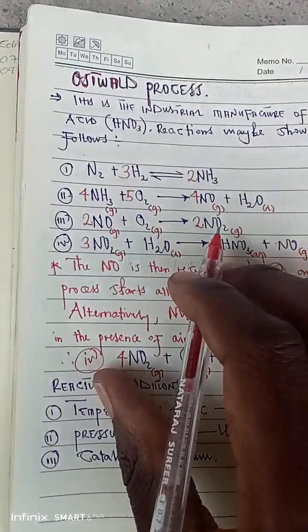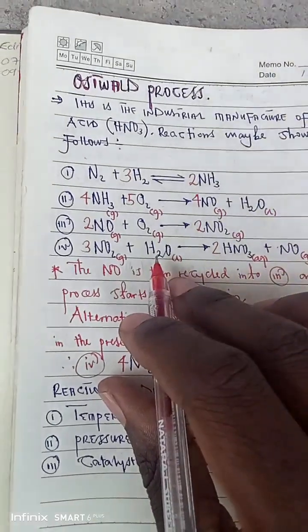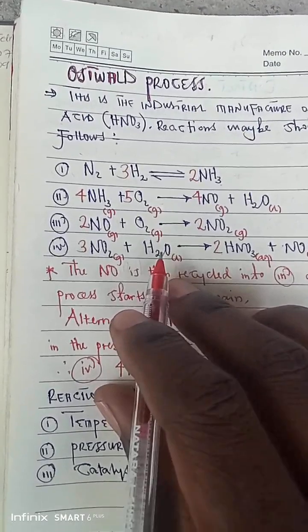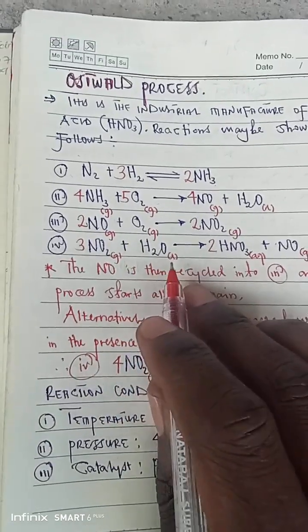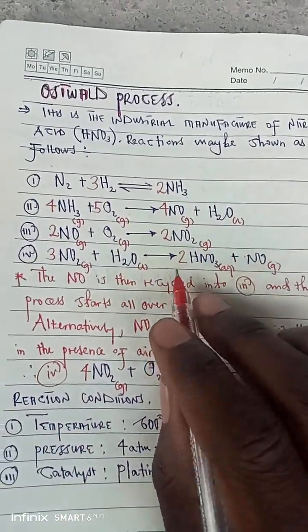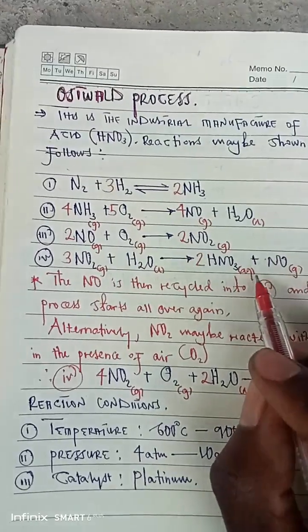And then afterwards, the nitrogen dioxide is going to be hydrated. That is, it's going to be reacted with water again. And when nitrogen dioxide is reacted with water, what we now have is nitric acid and nitrogen monoxide again.